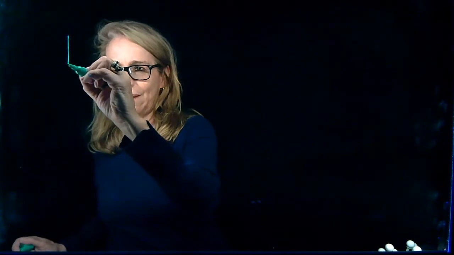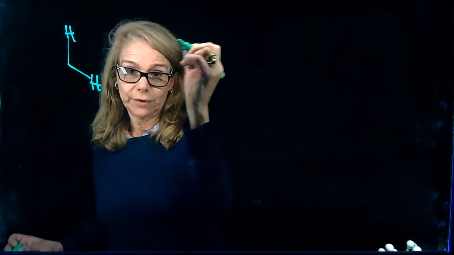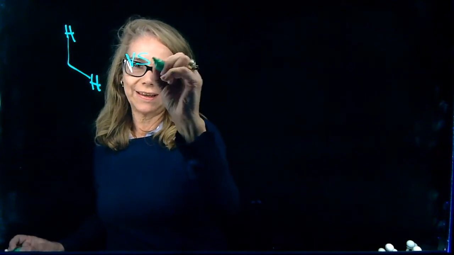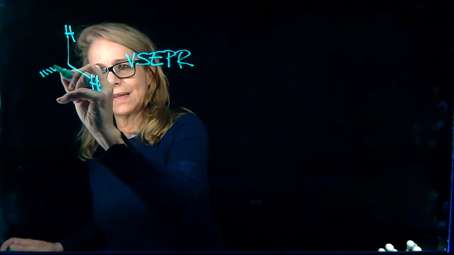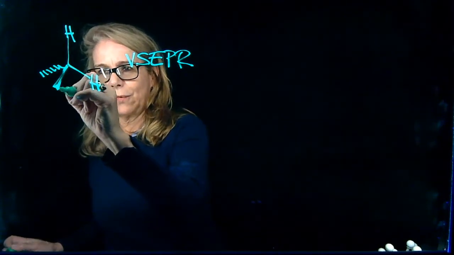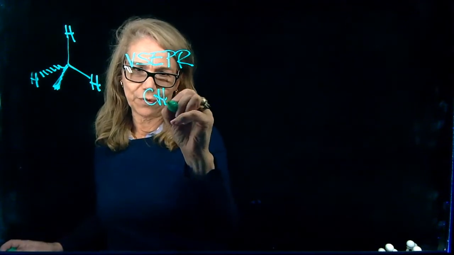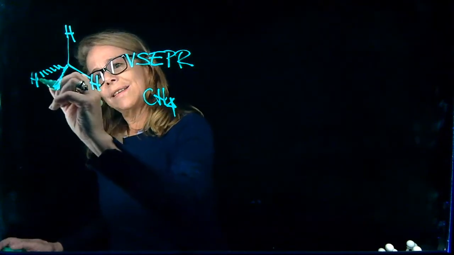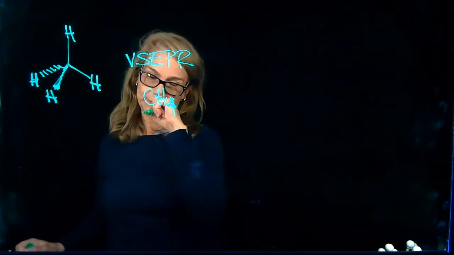So when we have methane, remember that when we draw the VSEPR structure, the four hydrogens in methane, so methane is CH4, remember that, are in the corners of a tetrahedron structure.